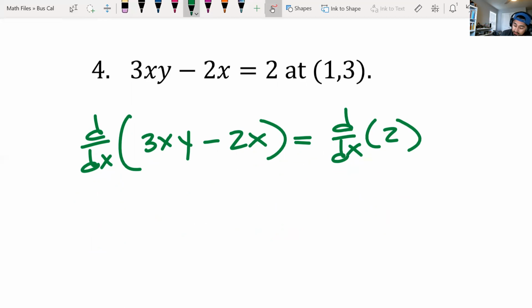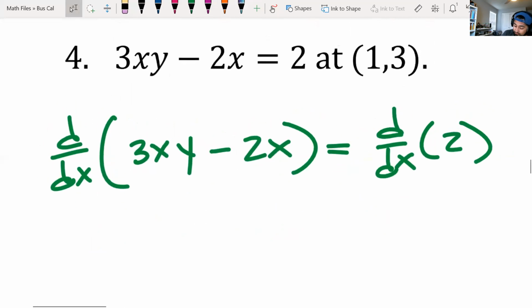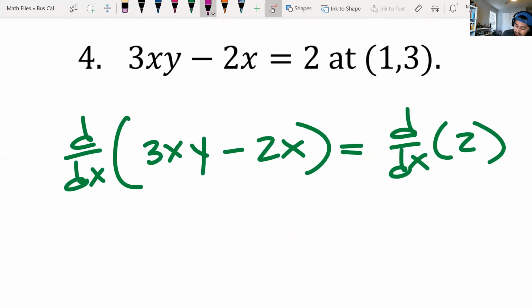So that means when we get to this term, we are going to have to do an implicit product rule. But we're only going to do it on the x and the y. That 3, we're just going to leave outside for now. So this will get an implicit product rule.